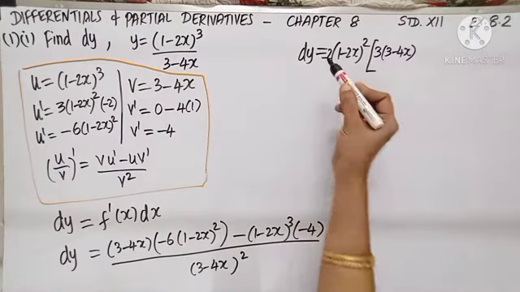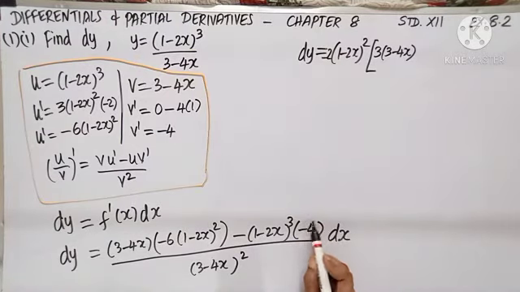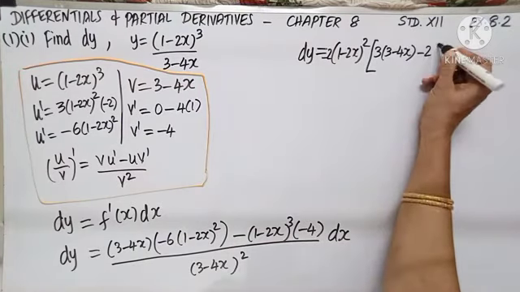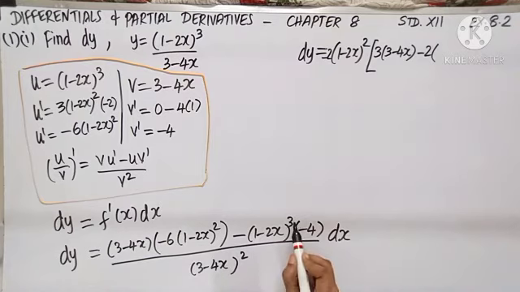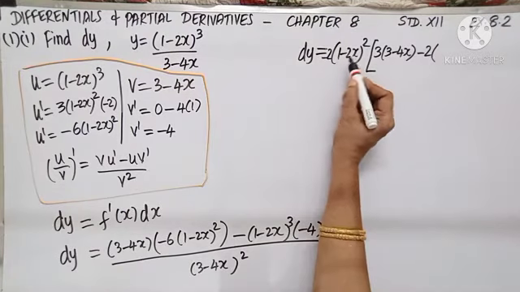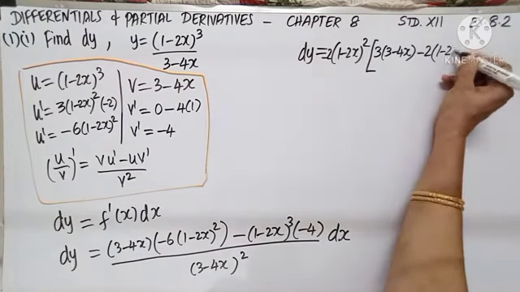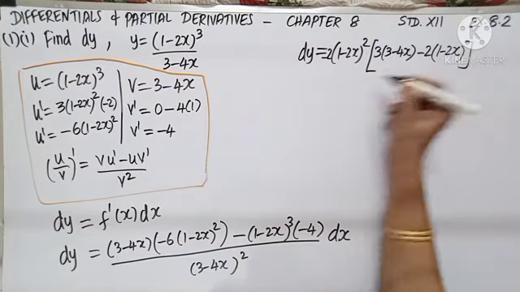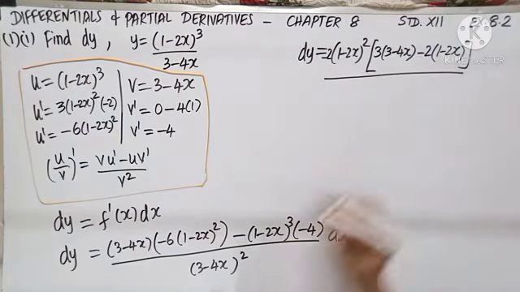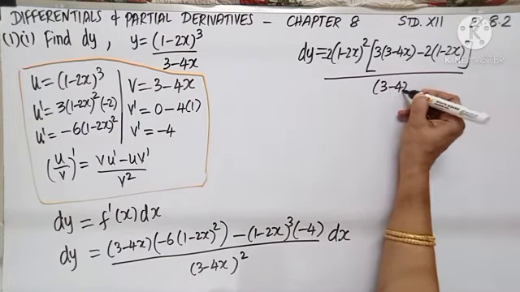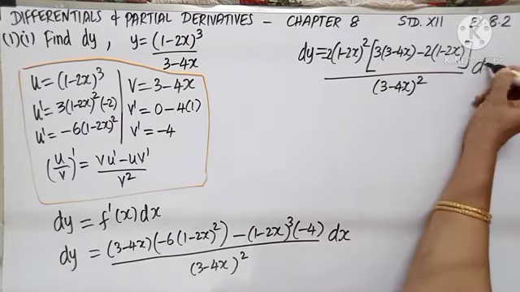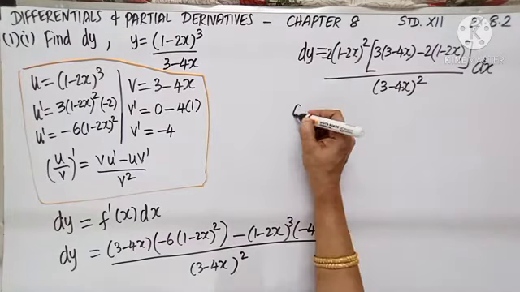Minus 4, I have taken minus 2, so 2 left out. Minus 2 into 1 minus 2x the whole cube. We have taken 1 minus 2x the whole square, so 1 minus 2x power 1 is remaining. Divided by the denominator 3 minus 4x the whole square. Never forget to put dx.